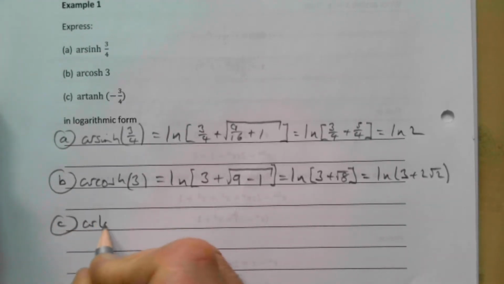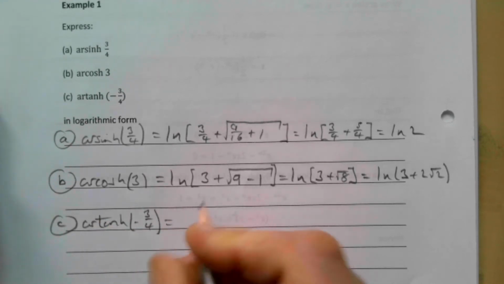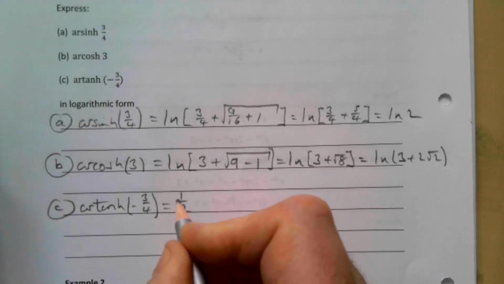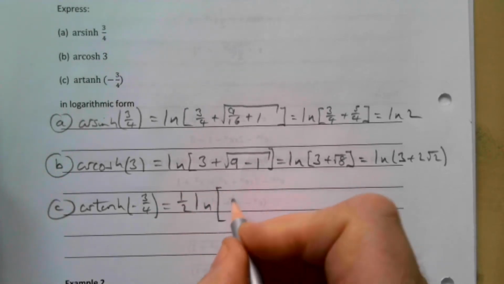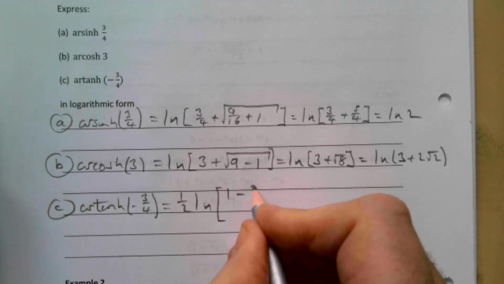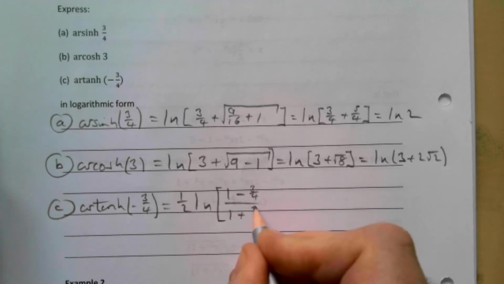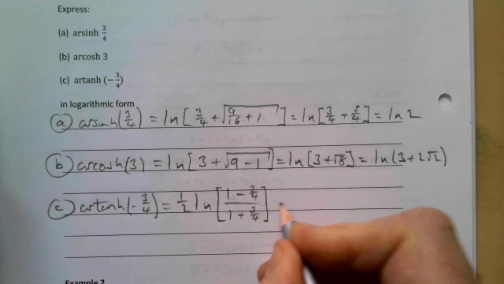Part C, artanh of minus 3/4. So we get straight into the formula. You can see it just up here. It's a half ln of 1 plus minus 3/4 all over 1 plus 3/4.